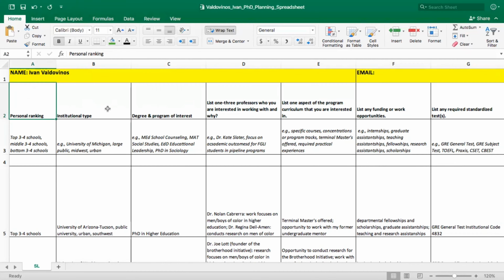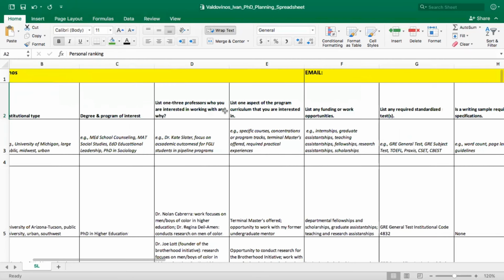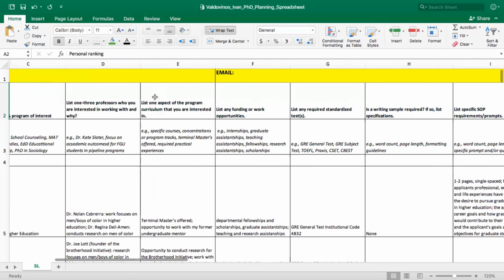So the first column here is personal ranking, then the next one is institutional type, degree and program of interest.